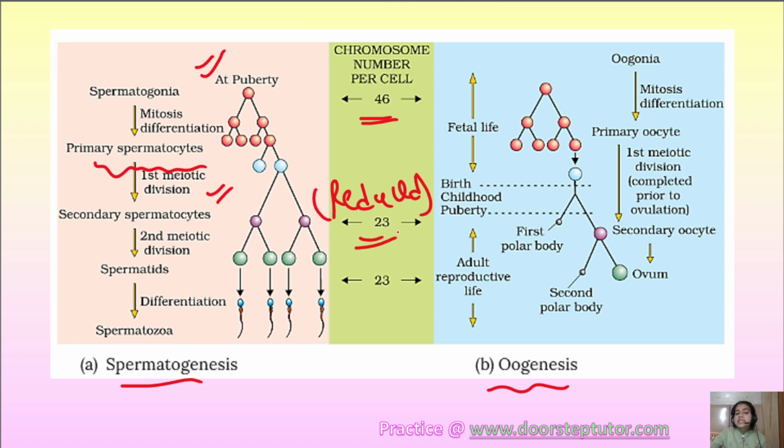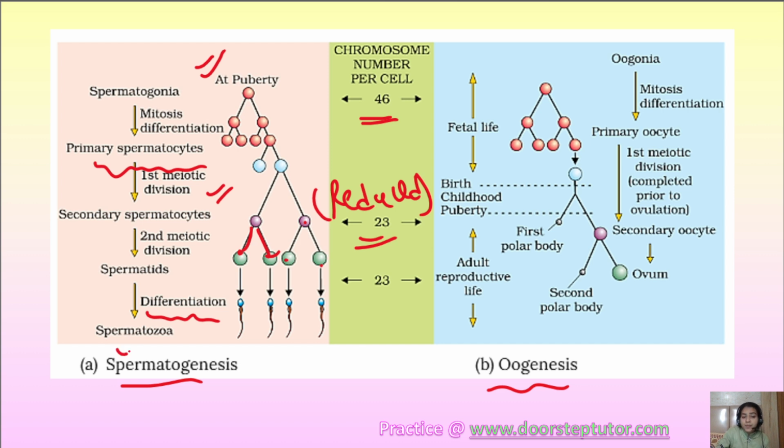After this, during the second meiotic division, a process similar to mitosis is followed, and here we can see that the number is doubled. From one secondary spermatocyte, two spermatids are formed, and from the other one also two spermatids are formed, and later on differentiation, or we can say maturation, goes on.